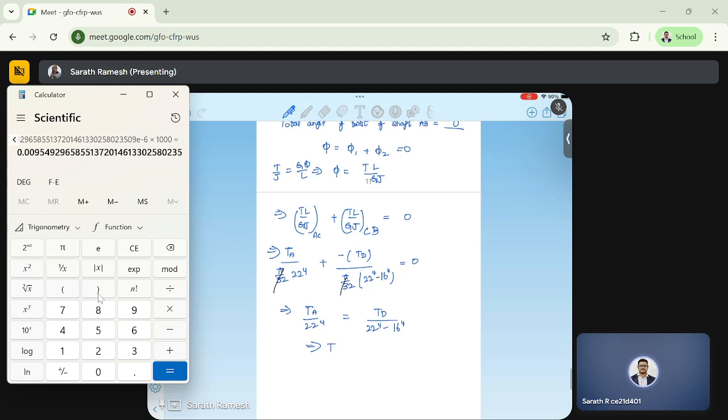This equals TA will be 22 power 4 by 22 power 4 minus 16 power 4. Okay, this will be 1.388 times TD.